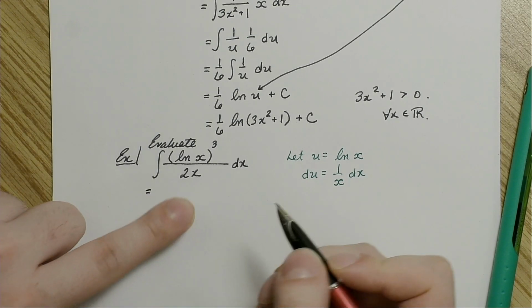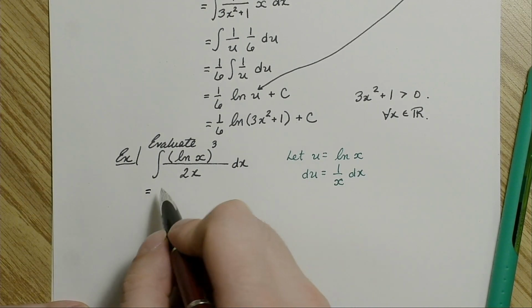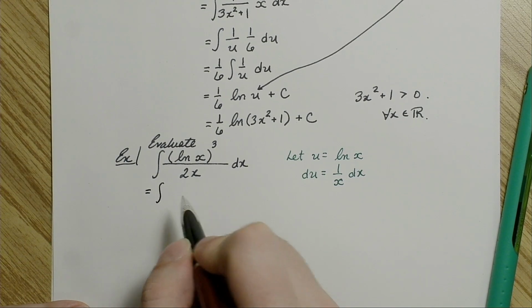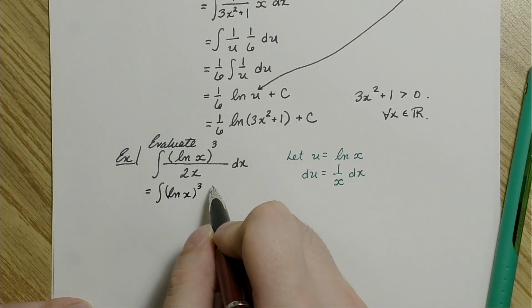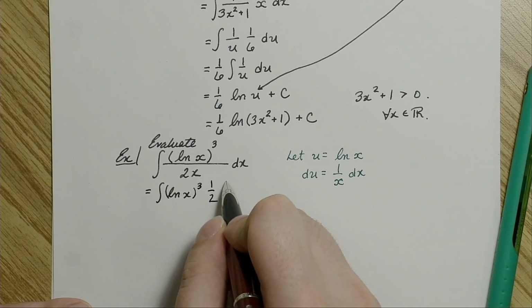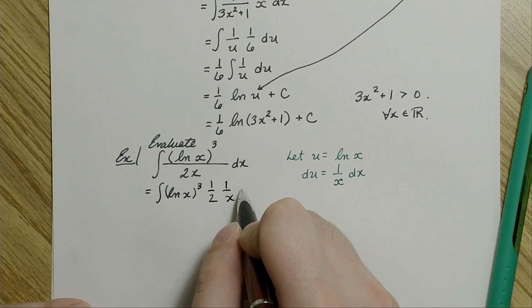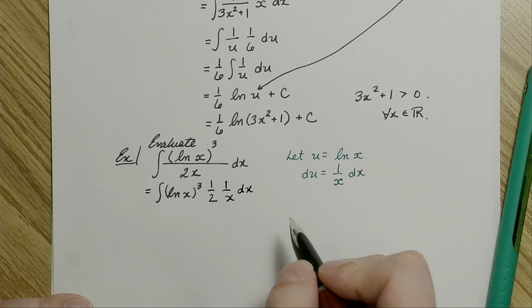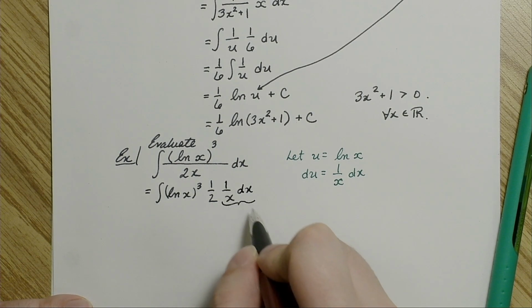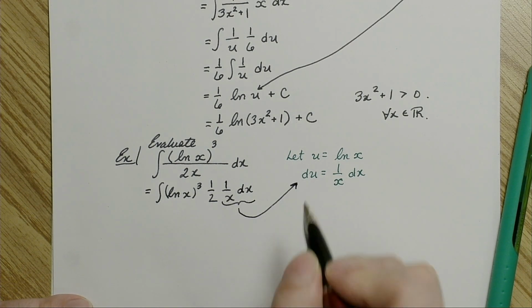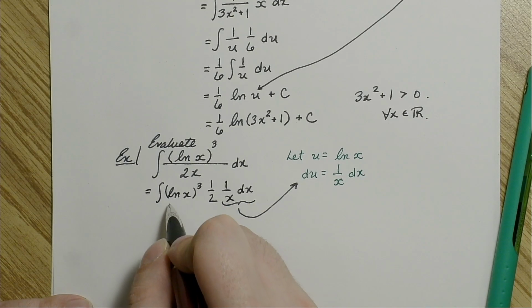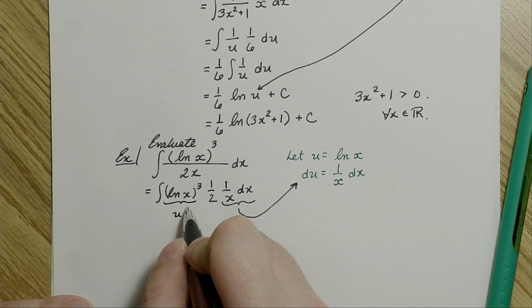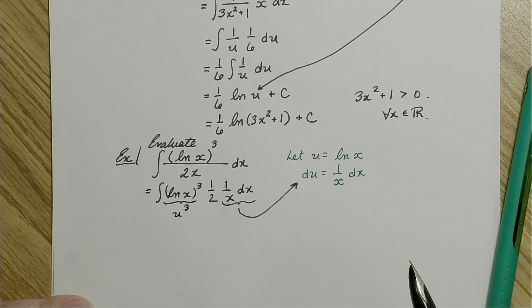Let me just have a couple things. I have this ln x cubed. I have the 1/2. I have the 1 over x dx. So this part here is equal to du. And this part here is equal to u cubed.